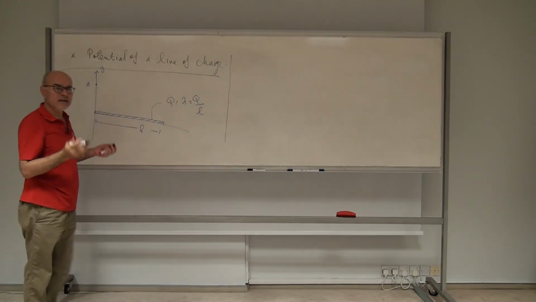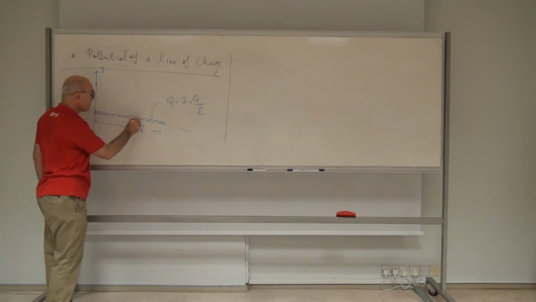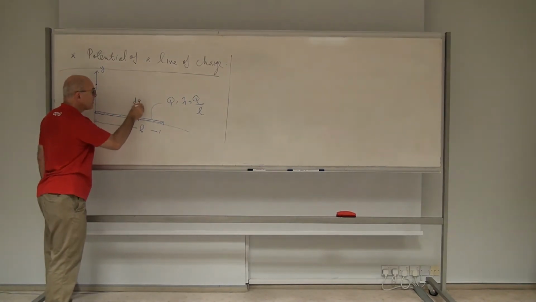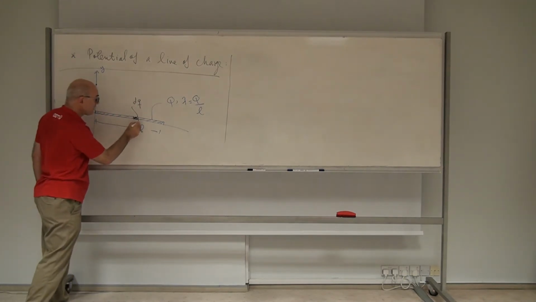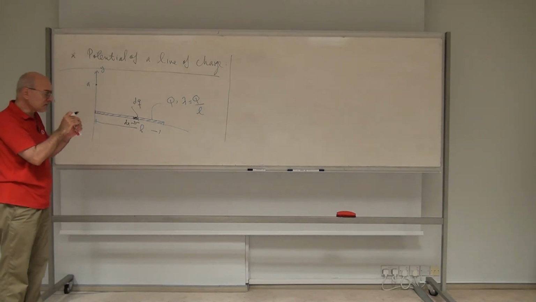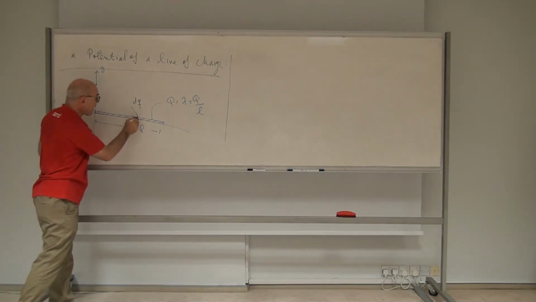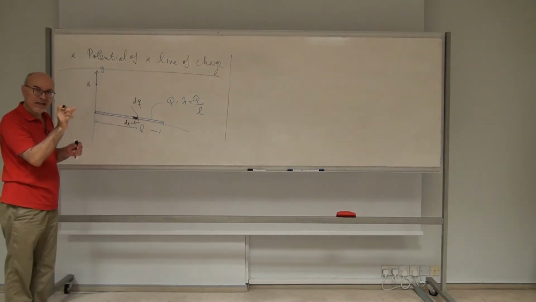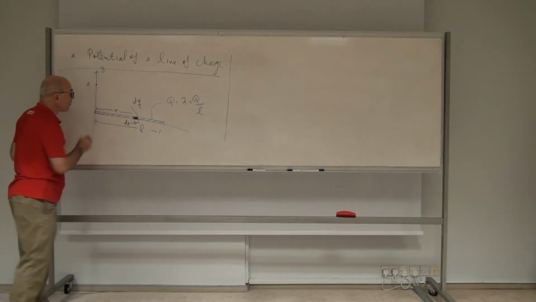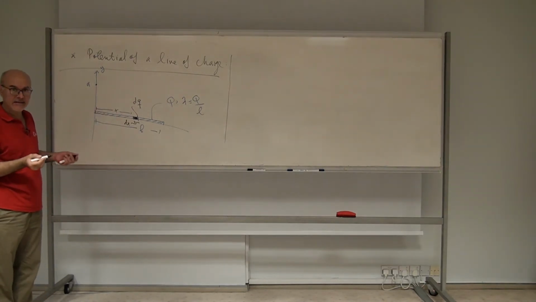Well, we proceed as usual. First of all, identify a given dq here, which sits over a unit which occupies a length equal to dx. This distance to the origin is x.